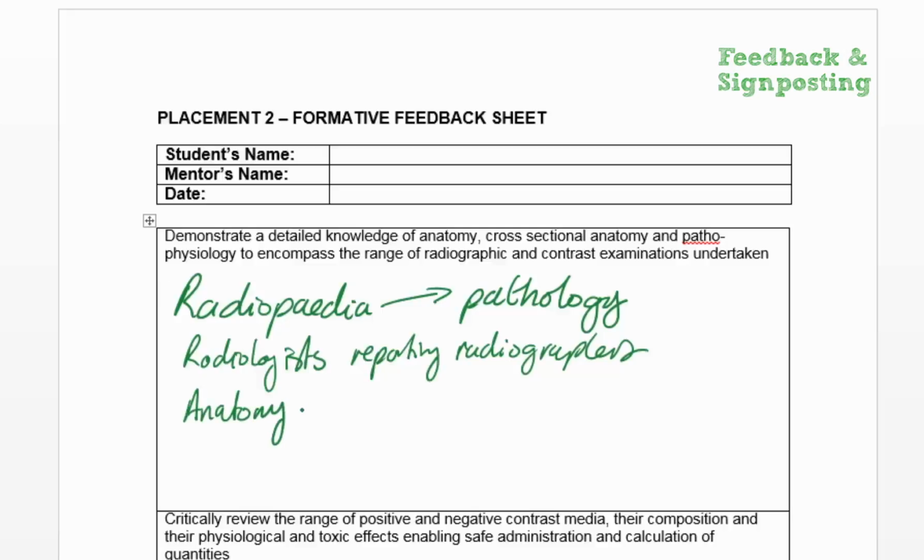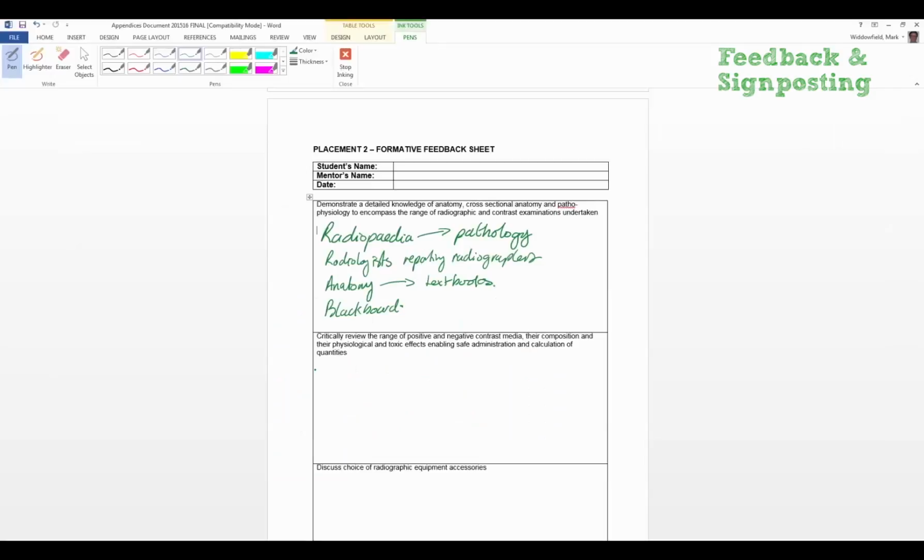This is fairly straightforward really for the student. They shouldn't really have any trouble getting hold of any resources, because there'll also be plenty of things on Blackboard for them as well. So moving on to the next learning outcome.